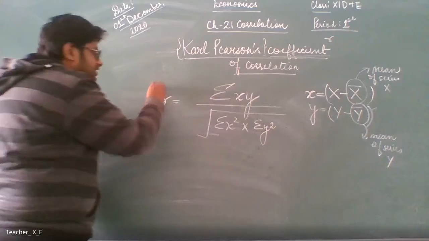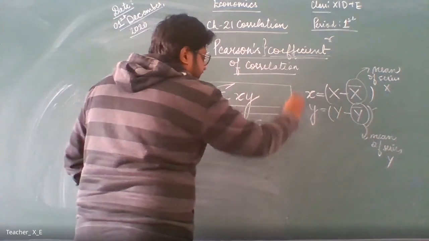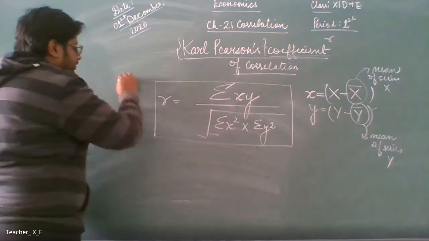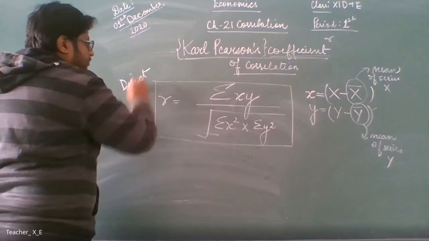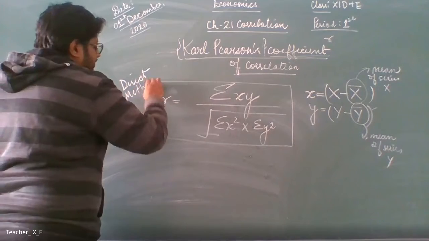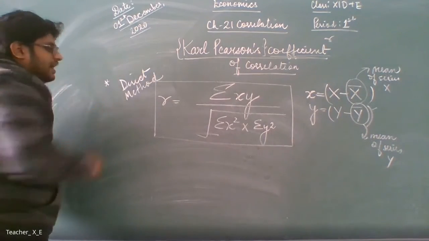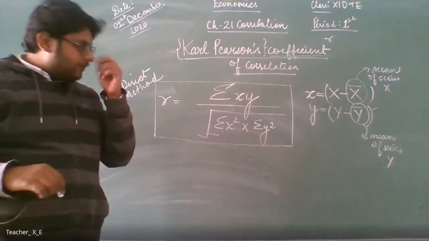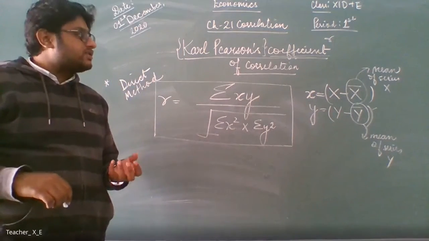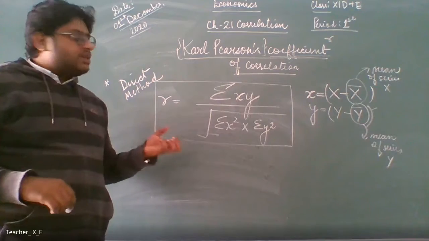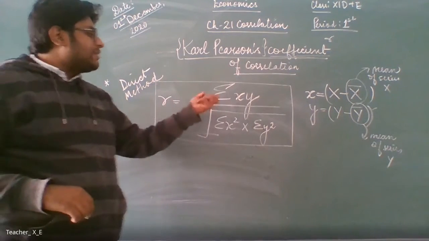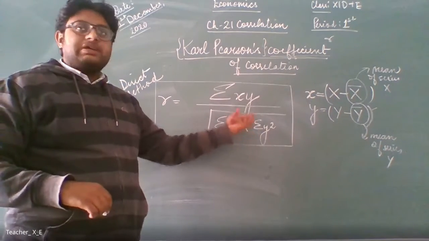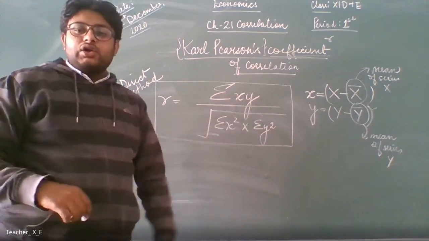So this is the formula of the direct method. This direct method is generally used when the values are given in whole numbers, not fractions or decimals. So the formula is summation of small xy upon the square root of summation of x square into summation of y square.